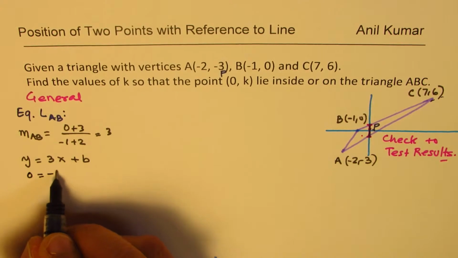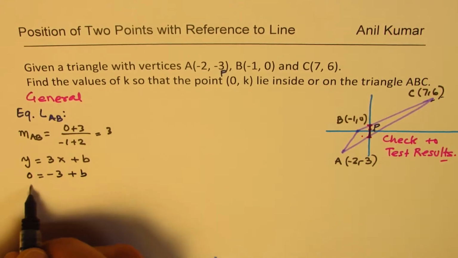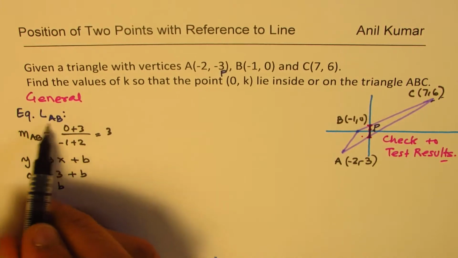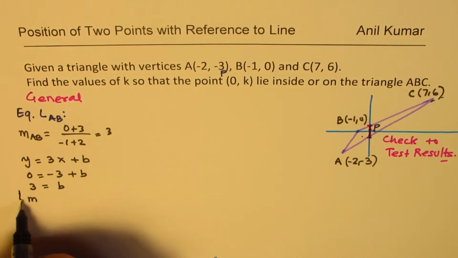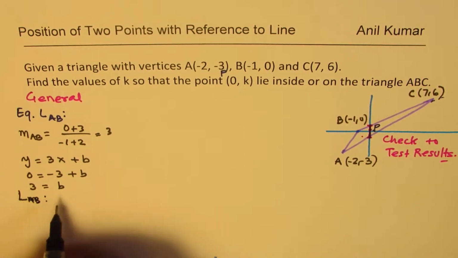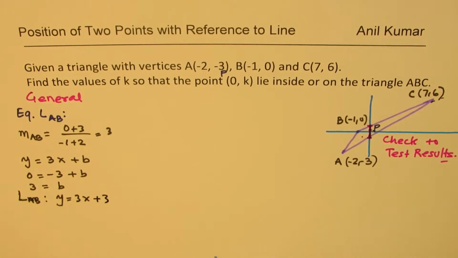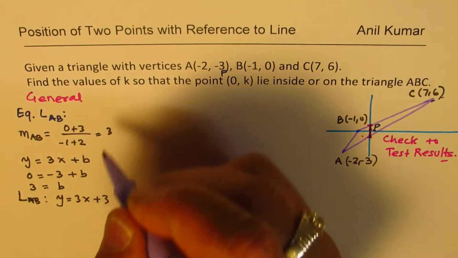So 0 = -3 + b, so 3 = b. And therefore, the equation of the line AB will be y = 3x + 3.